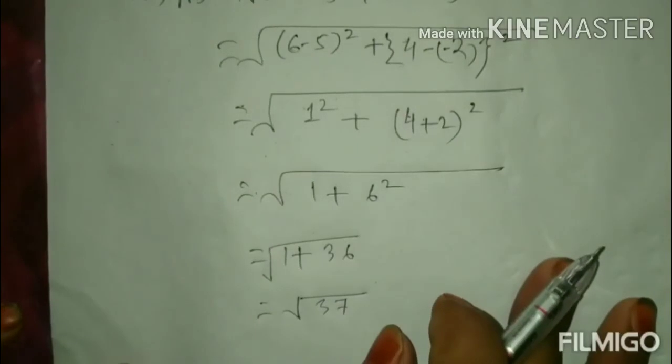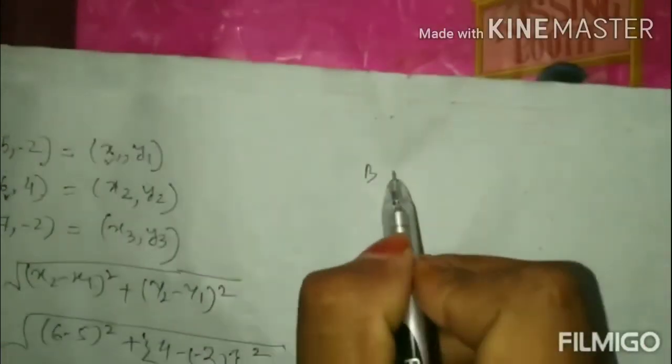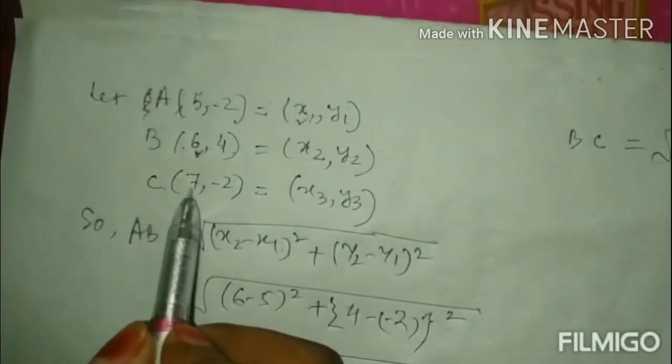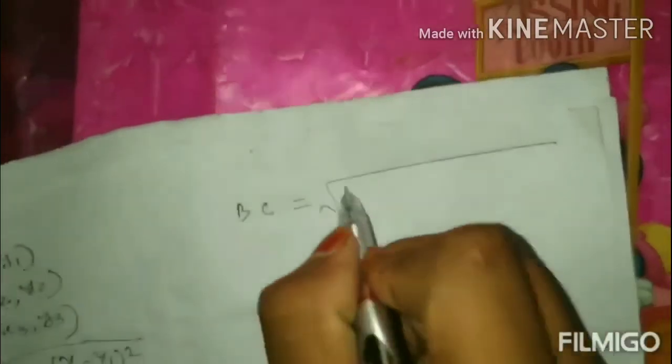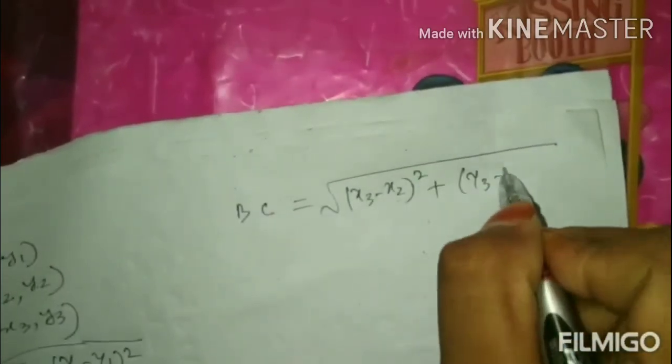Again we find BC. So let us find BC. BC equal what? B is 6 4 and C is 7 minus 2, distance. So let us write down the formula for distance: x3 minus x2 square plus y3 minus y2 square.